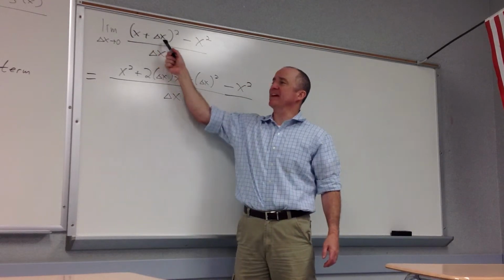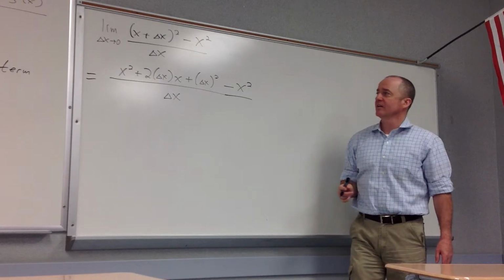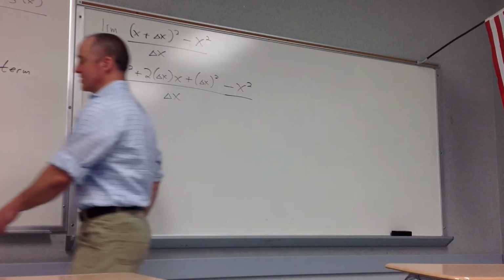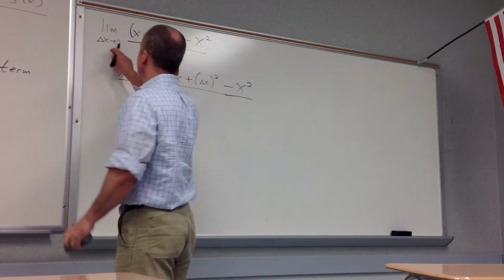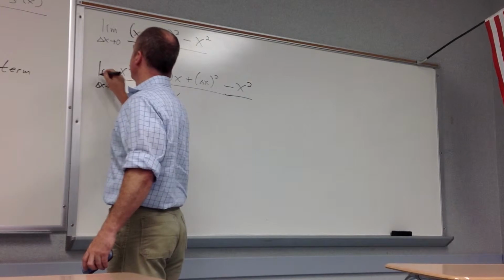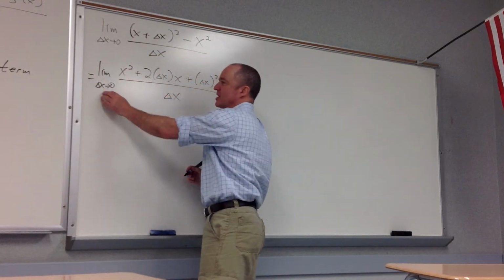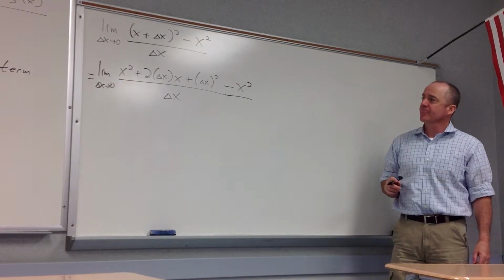All I did was expand this binomial. The x squareds will cancel out, right? Very good. Oops, I forgot something. I forgot to write the limit part. I haven't let that dog off the leash yet. I have not performed the operation, so I have to keep writing the operator each and every step.